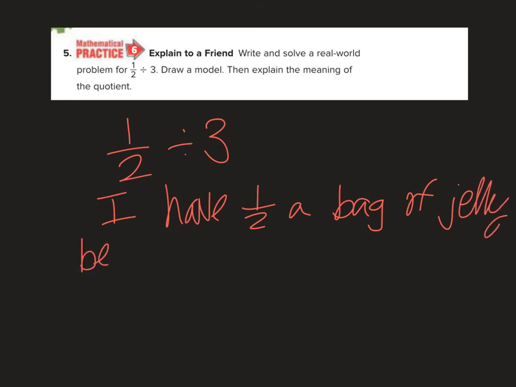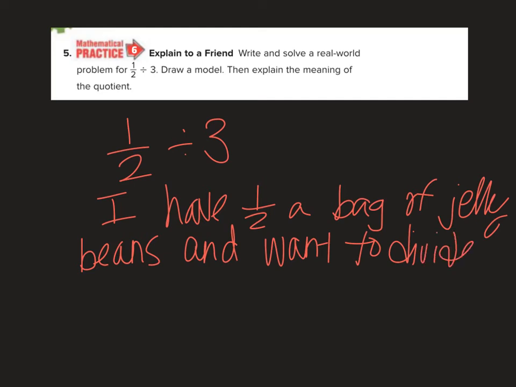I have 1/2 a bag of jelly beans and want to divide it among 3 friends.